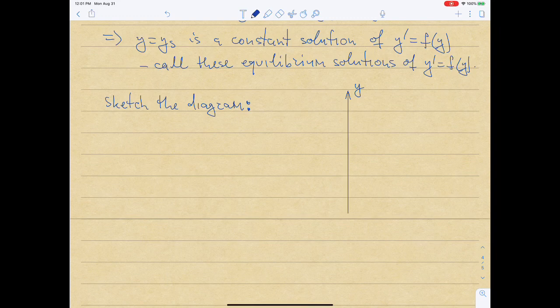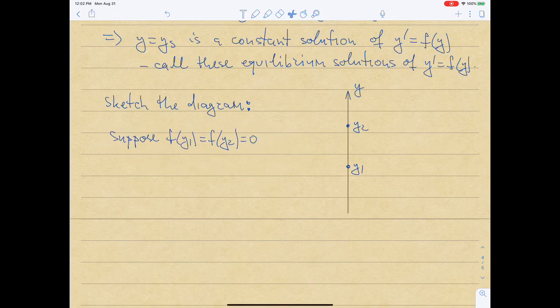We'll do a particular example in a moment. So let's suppose that f of y is equal to 0 at a couple of points, maybe y1, y2. So I'm going to suppose f of y1 is the same as f of y2, both are equal to 0.